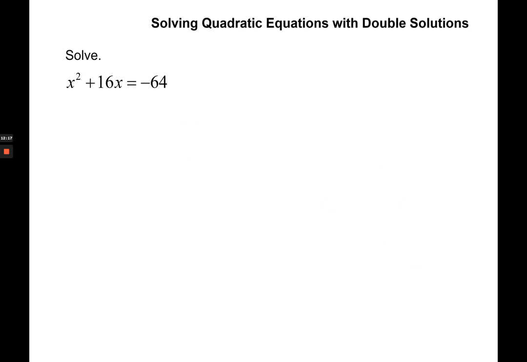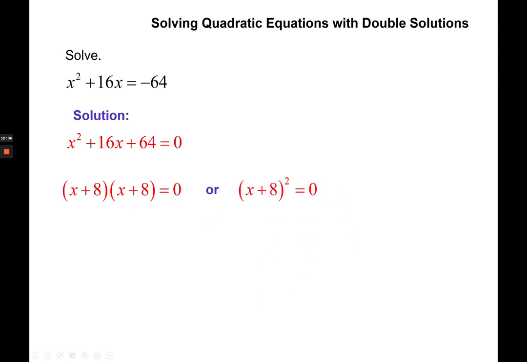To write this in standard form, you need to add 64 to both sides. The correct factor of 64, if you notice, it's a perfect square. It should be 8 times 8. Or you could actually write it as a repeated factor or square of x plus 8.